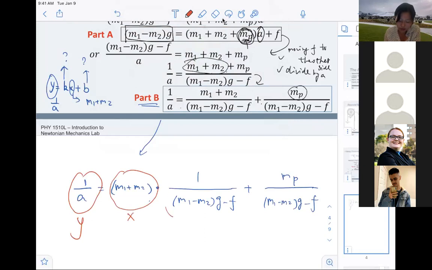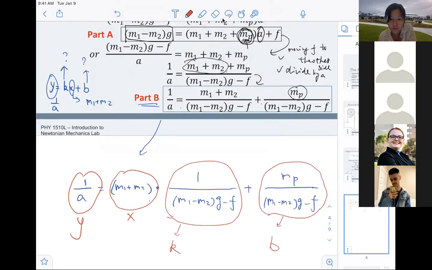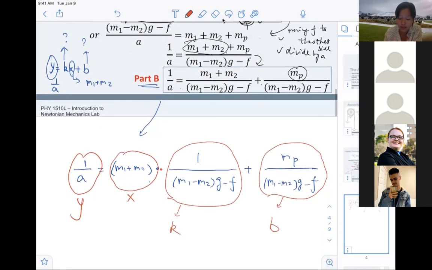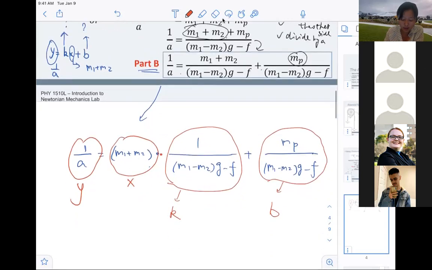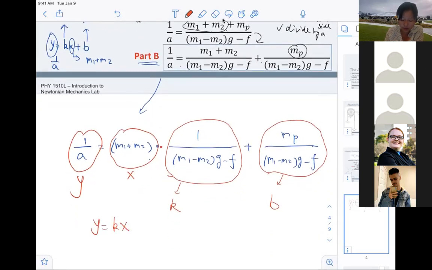So you can see this is your K, right? And this is your B. Does that make sense? Yeah, I know this equation looks messy, but we can match it up to exactly another linear equation that is y is equal to kx plus b.